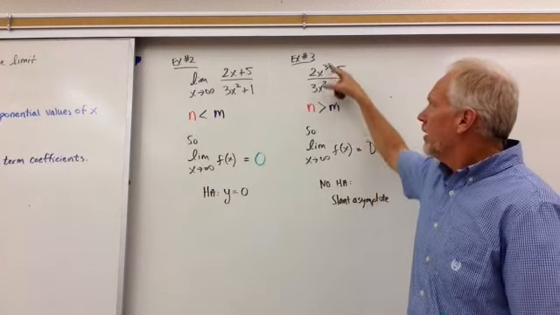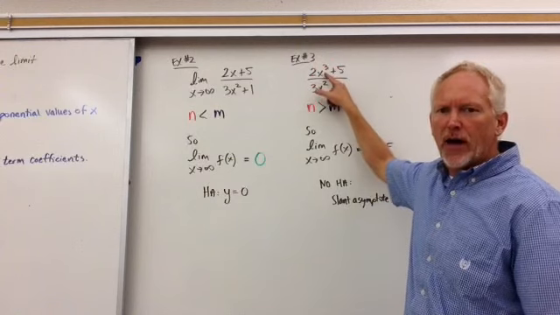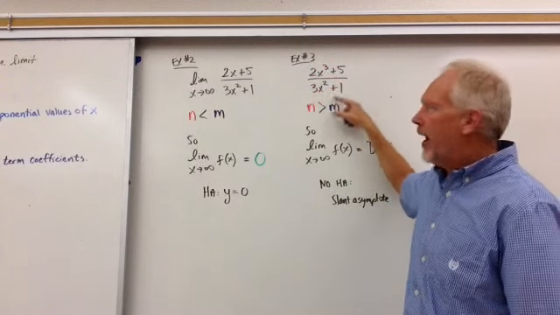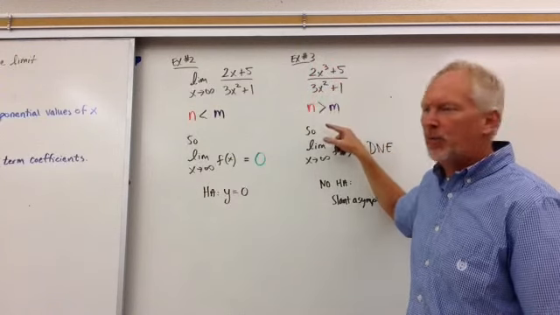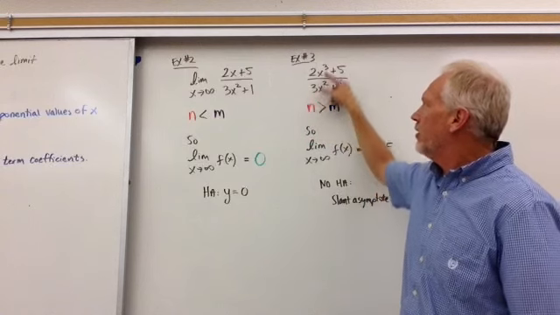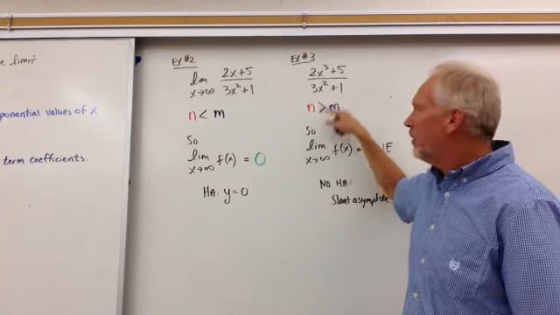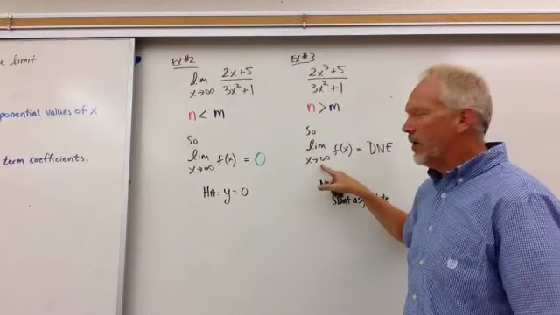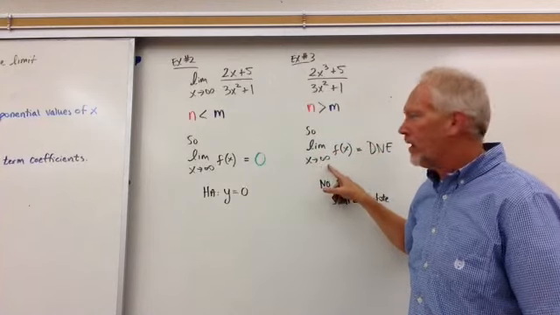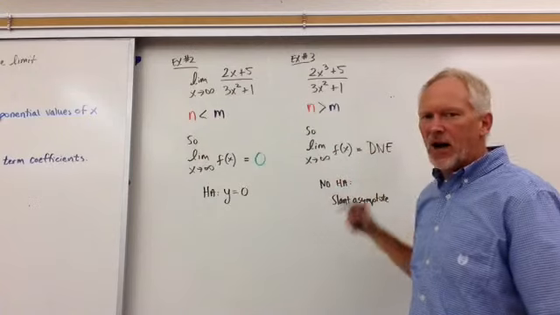One last one. Example 3, we have 2x cubed plus 5 divided by 3x squared plus 1. Now we notice here that the n value, 3, is greater than m. And so the limit as x goes to infinity of f of x does not exist.